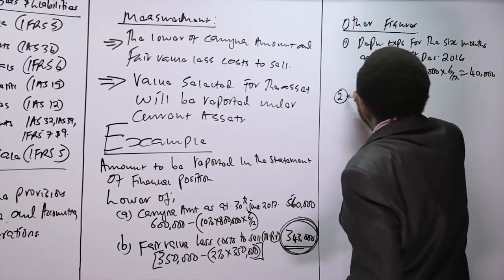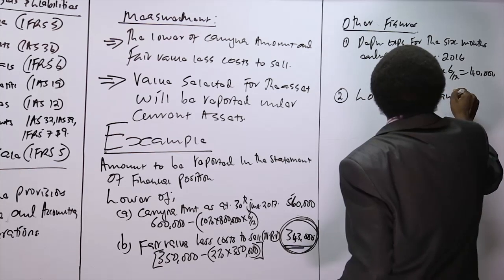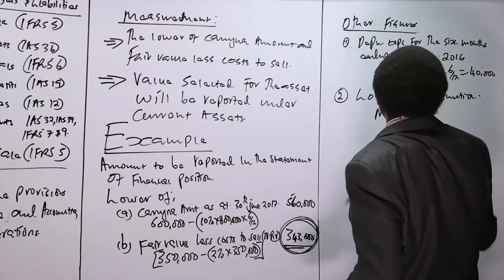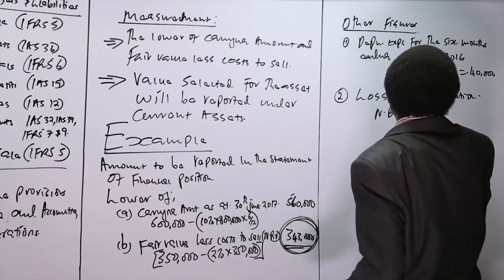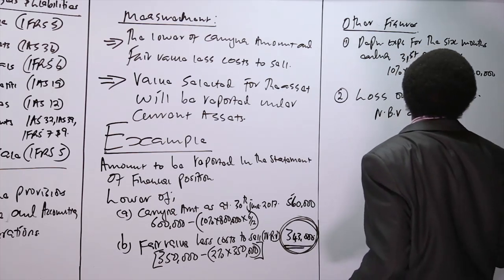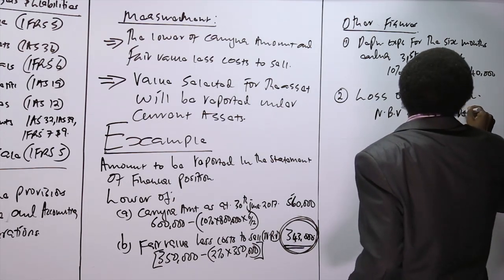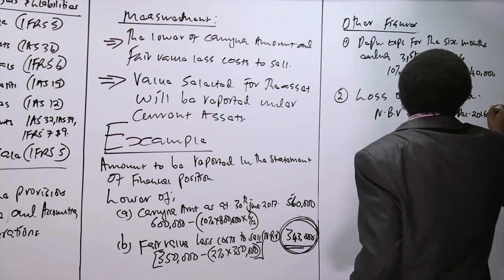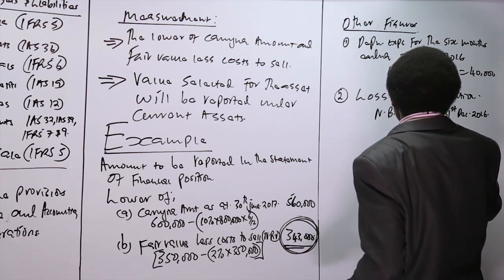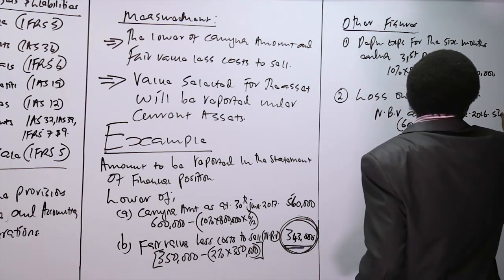Another item is the loss on recognition, because the net book value as at 31st December 2016 would definitely be the 600,000 minus the 40,000, which is the 560.